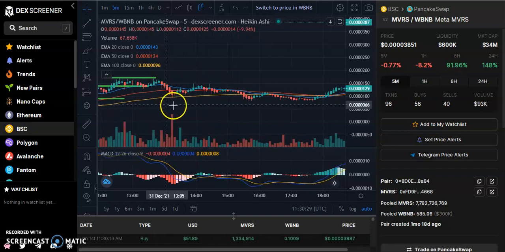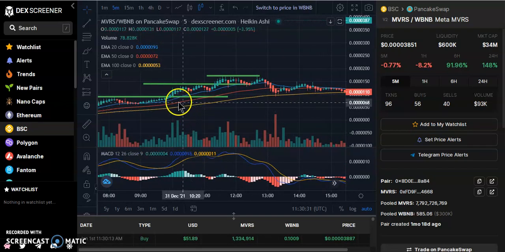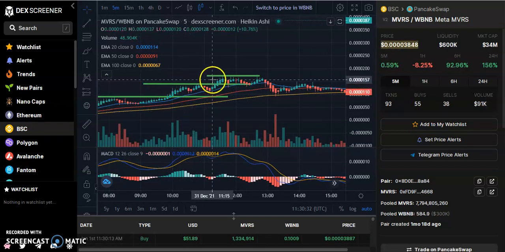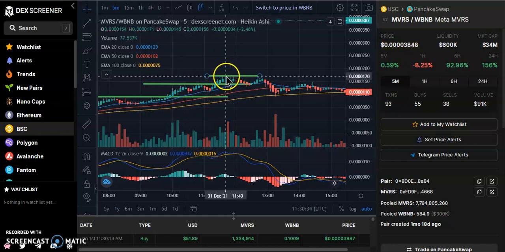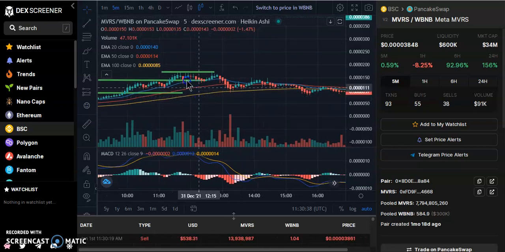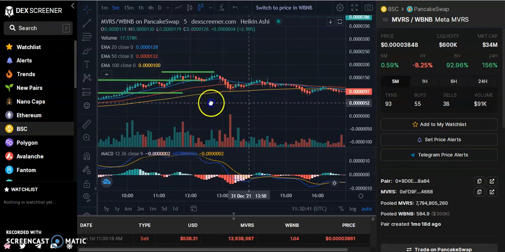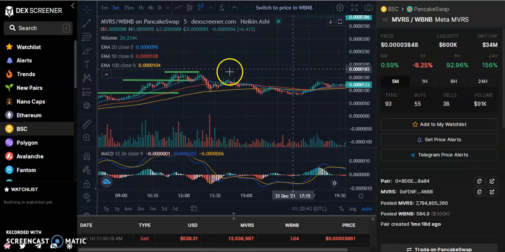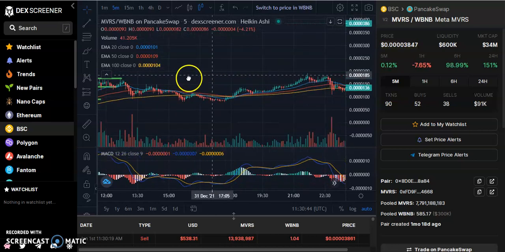Not much was happening, and I felt like the token wouldn't pass this resistance line right here and would go sideways, and that's what happened. Yesterday it went sideways, so I left it alone and moved on to a new coin.